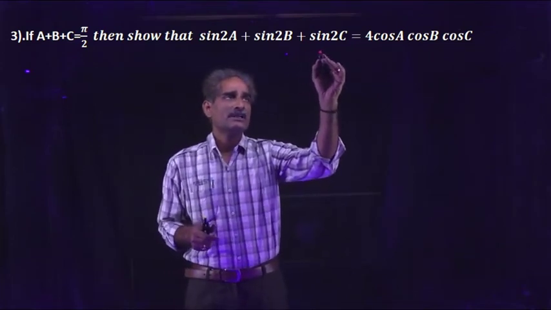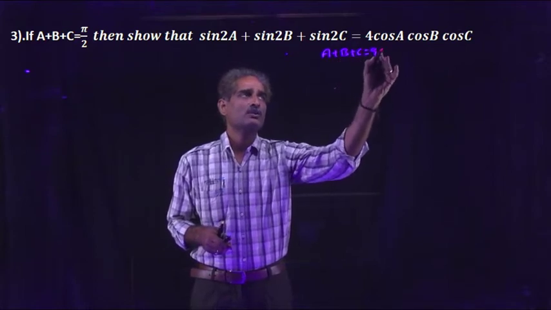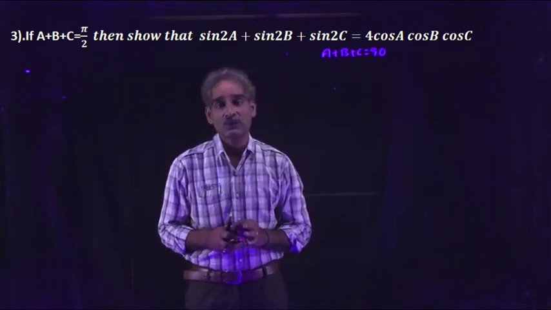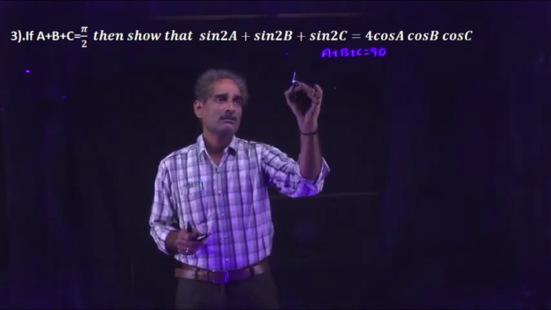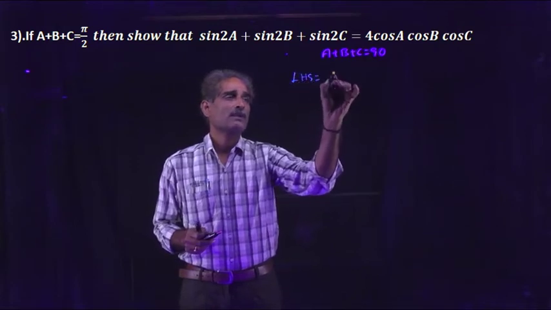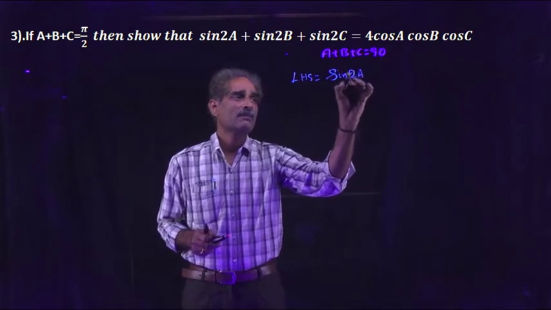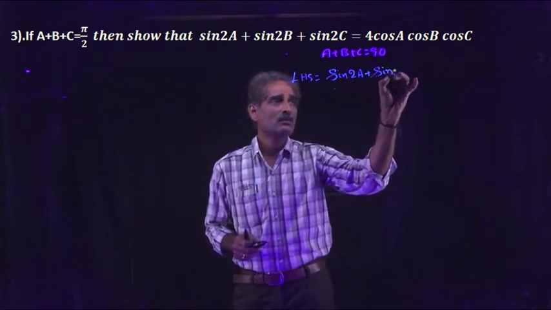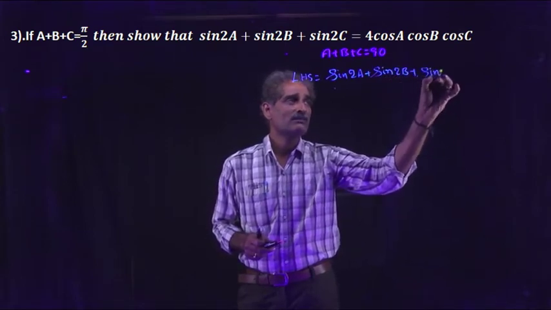Here the condition is a plus b plus c is equal to 90 degrees. Under this condition, we have to find the value of sin 2a plus sin 2b plus sin 2c.